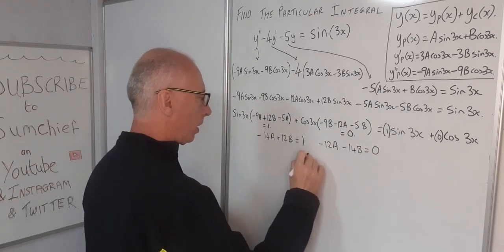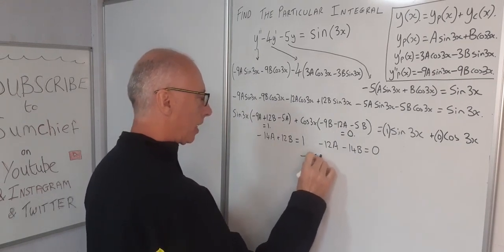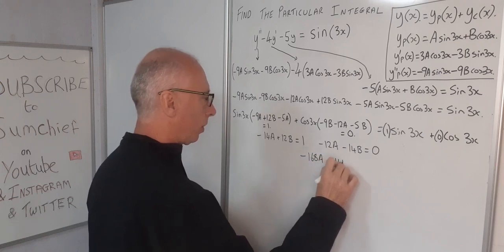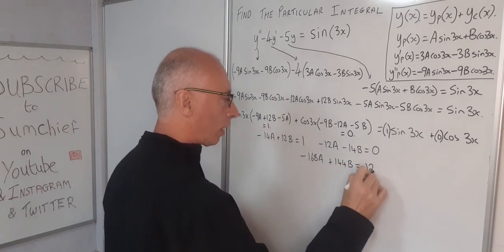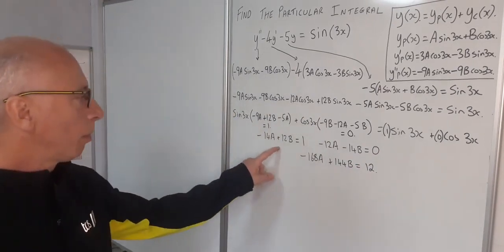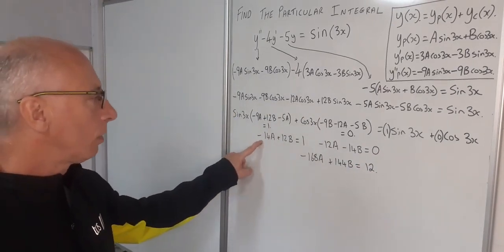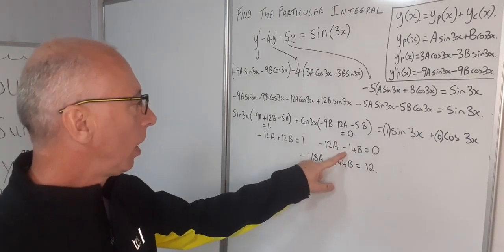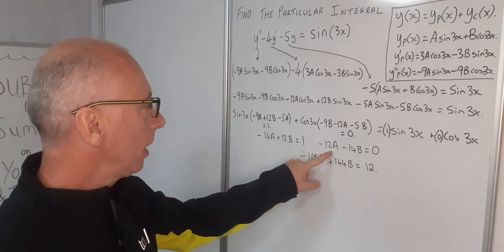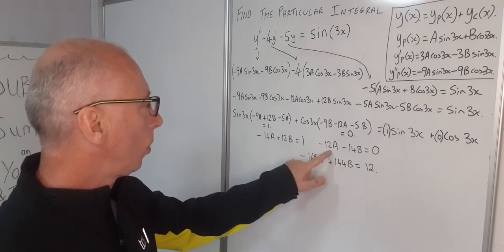So that's going to give us minus 168a plus 144b equals 12. So you'll see there I've multiplied every term by 12. Now I'm going to multiply this one by, I could do 12 again, or I could do 14.